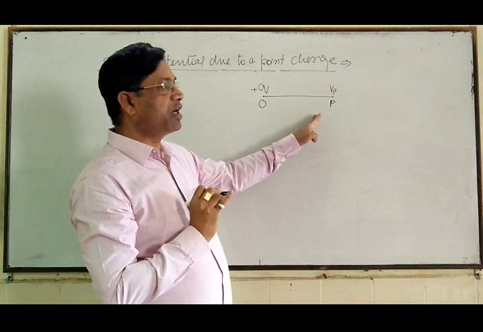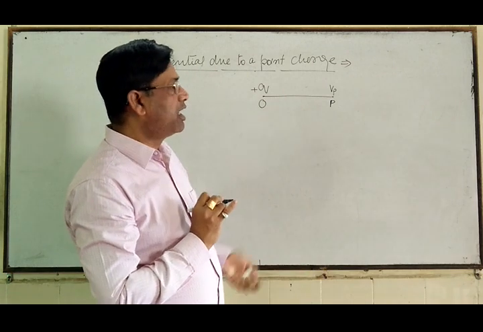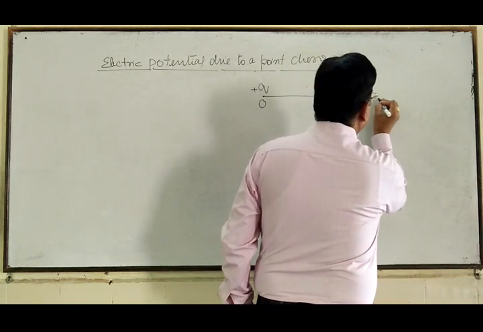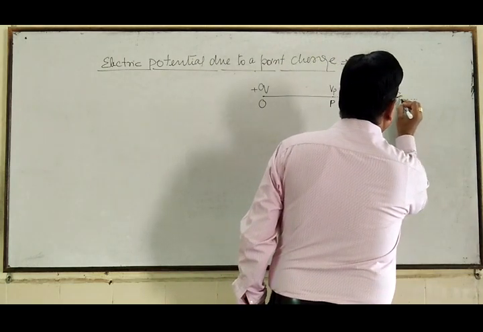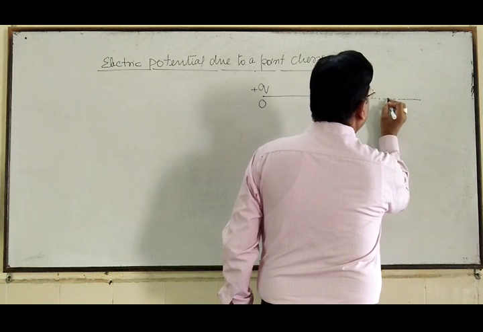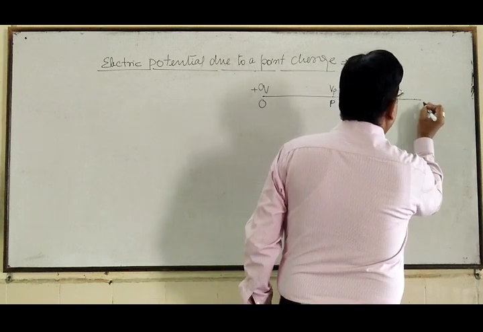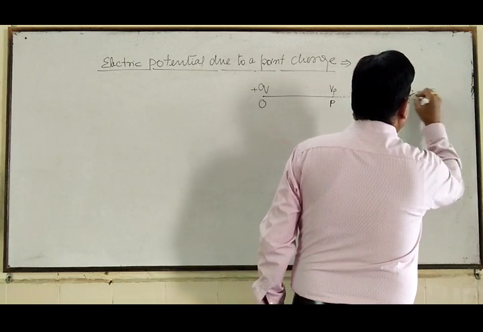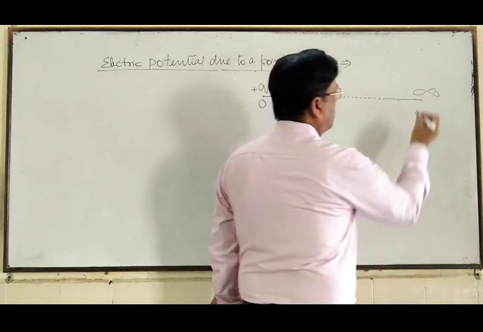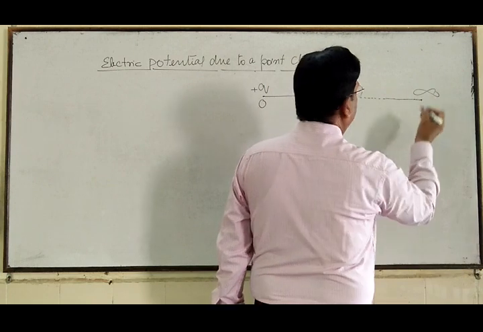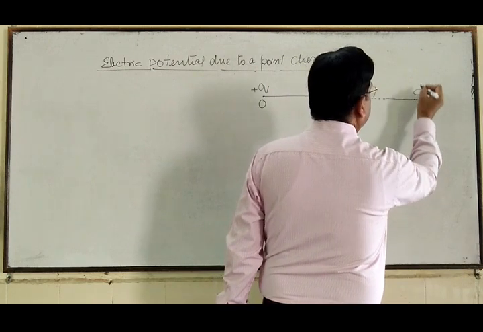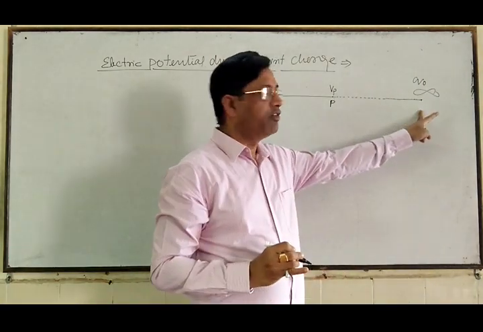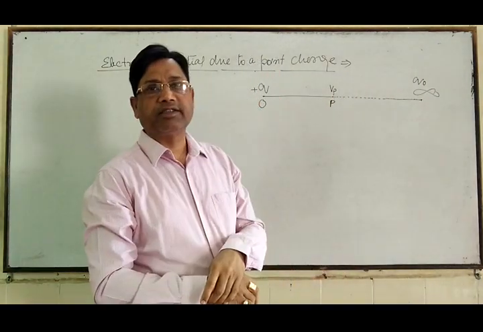In order to find Vp, we consider a test charge kept at infinity. Here it is a test charge, Q naught. From infinity, we are moving this test charge.